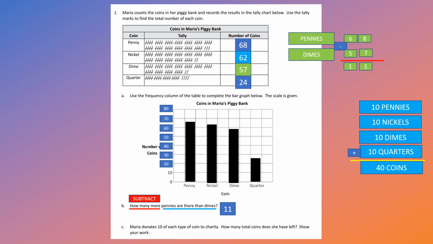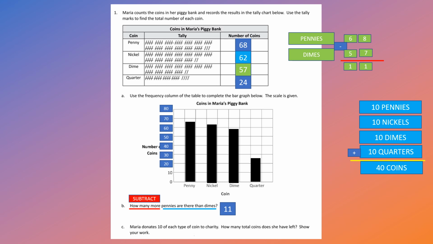All right. Now, I've written my notes for that sentence and I figured out how many coins she's donated, but that's only the first sentence. Now I can read my second sentence to figure it out. It says, how many total coins does she have left? Well, I need to know how many coins she started with first. So I have to add all of my coins. 68 plus 62 plus 57 plus 24.